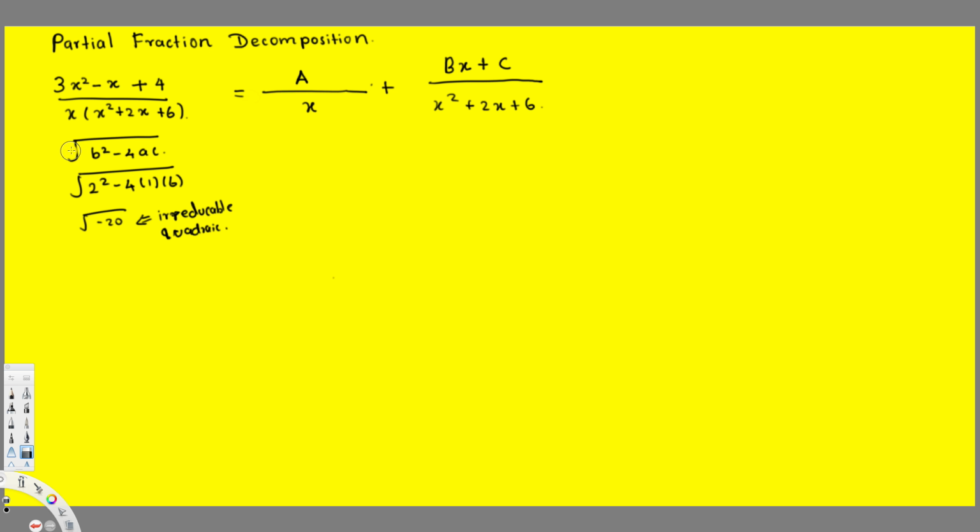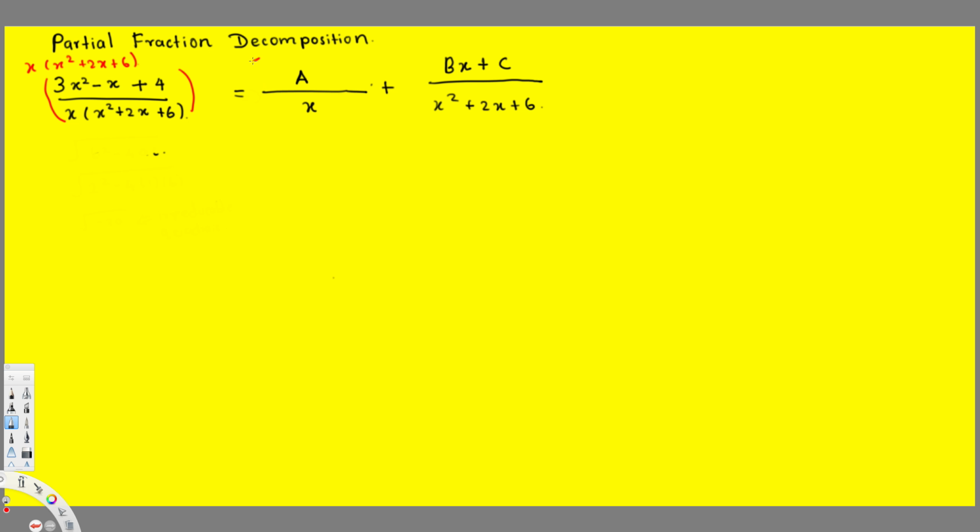So let's do furthermore. The second thing we try to do is eliminate the denominators. To eliminate the denominator, I can multiply both sides by the whole denominator, x times x squared plus 2x plus 6.